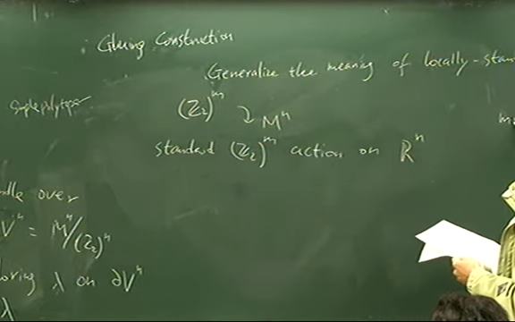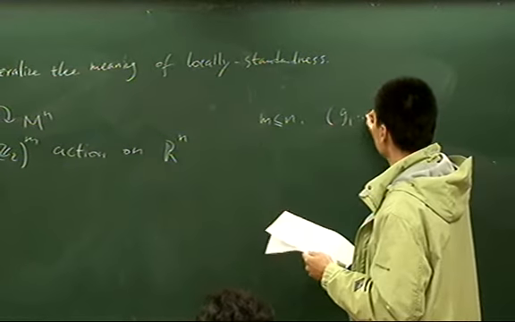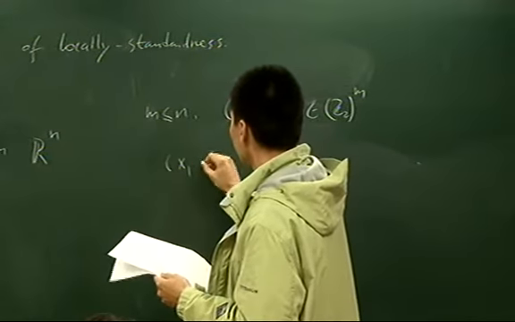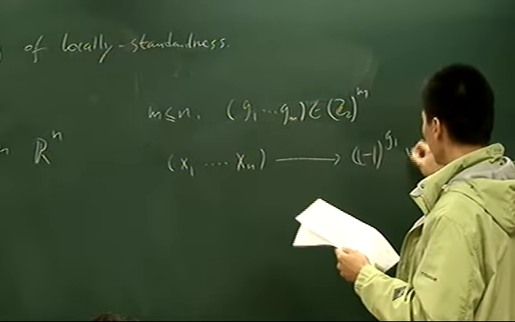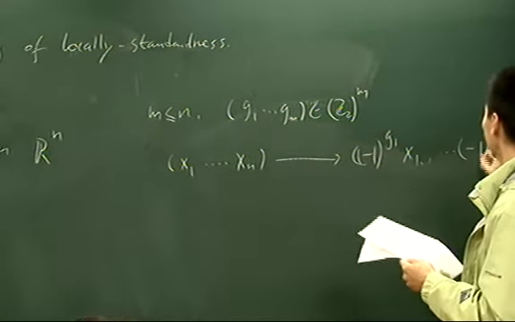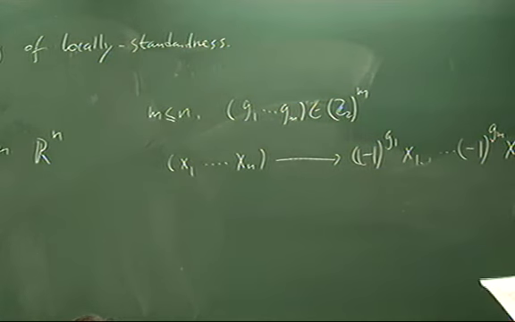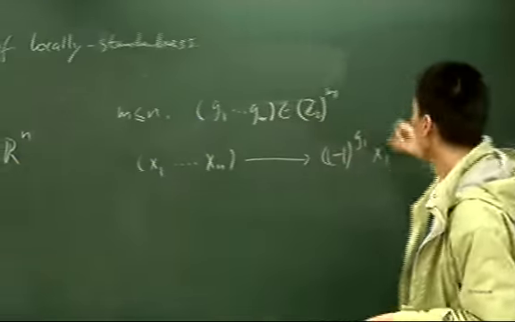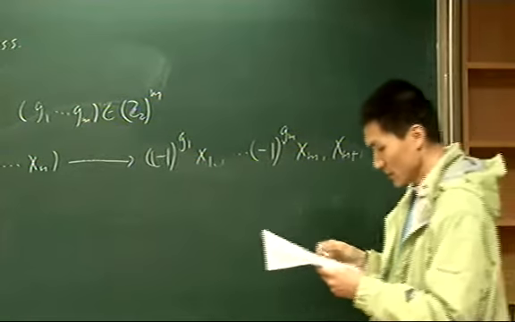How to define it? I think there's a very natural choice when m is less than or equal to n. For any g1, ..., gm in Z2^m, this action is, I think, a very natural choice for our definition of standard. I just let the first m coordinates of this group act like reflections, and the others are just fixed.